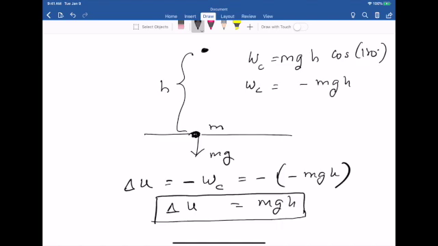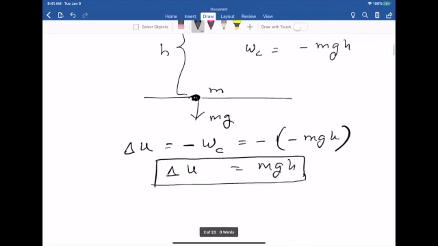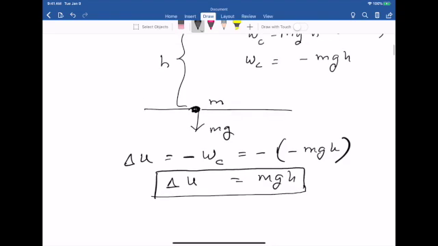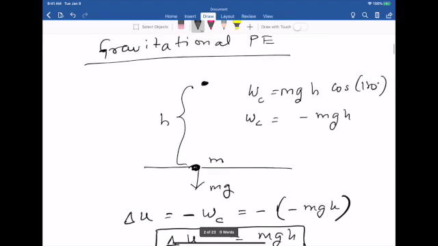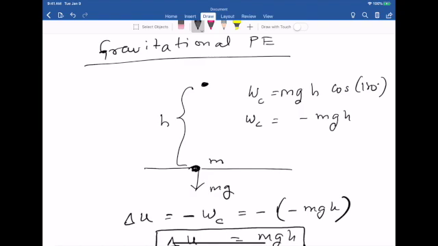All right. Now, there is one subtlety involved in this. Since the gravitational force is constant, it does not matter where you choose h equals 0. So in this particular case, we chose h equals 0 on the ground, but there is absolutely no problem if you choose h equals 0 somewhere over here or over here or at the top over here. It doesn't really matter. You can choose h equals 0 wherever you want, right?